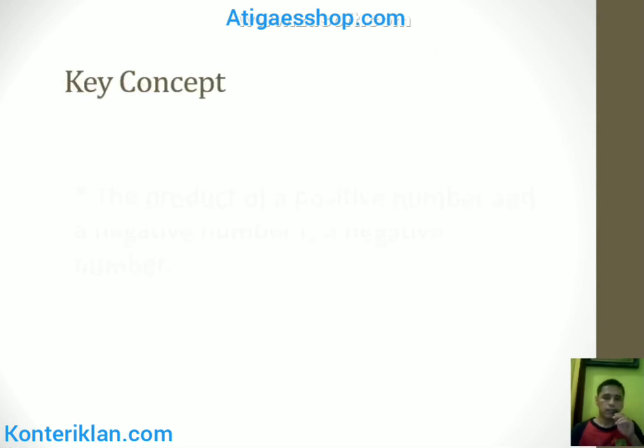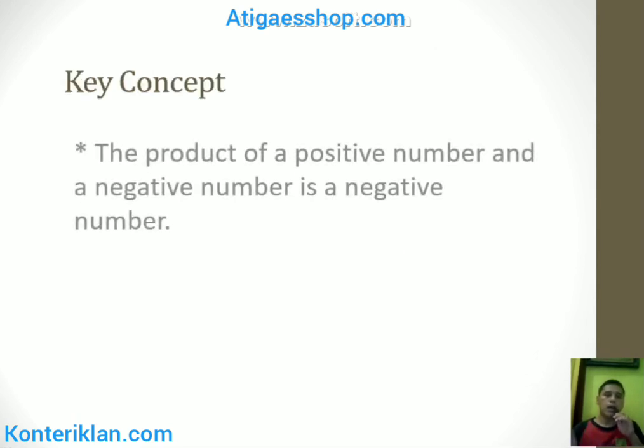Key concept, as usual, I'm gonna show to you the key concept before you do the next exercise, or before you do your working how to find the result of multiplication. You have to study about the key concept. The key concept of today is the product of a positive number and a negative number is a negative number.